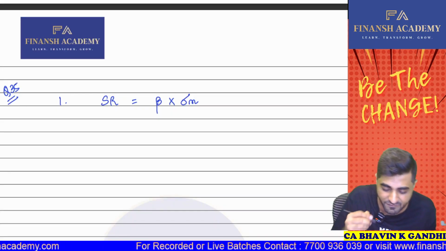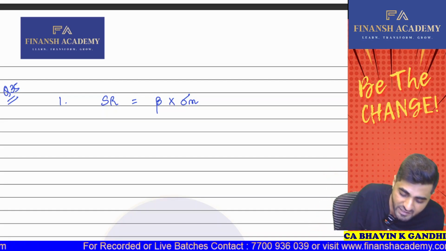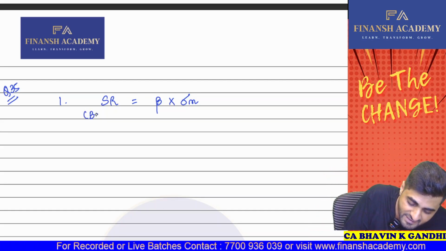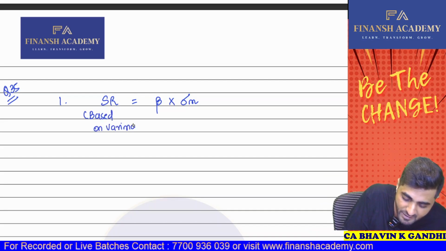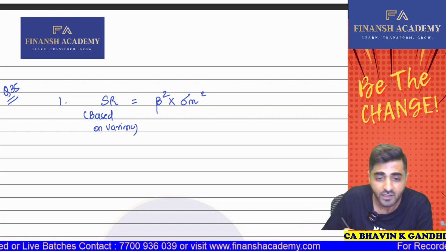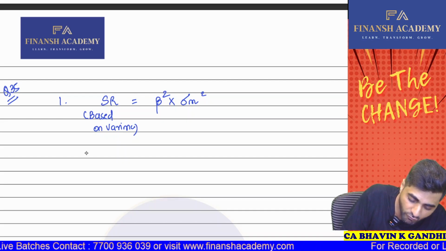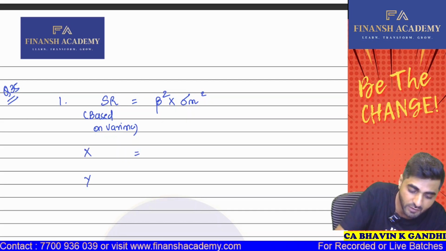So we have the data given on the basis of standard deviation square. That is why I can calculate the systematic risk based on variance. And what will this be? Can I say beta square into market variance, right?